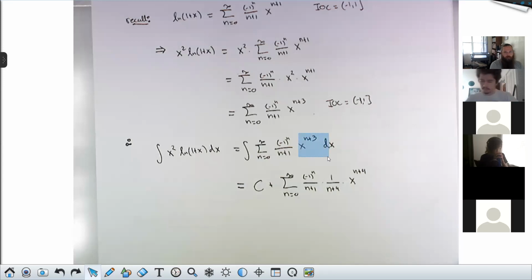Remember, we're just integrating this piece. So you add 1 to the power, n plus 3 becomes n plus 4, and you divide by the power. If it feels more natural to write this as x to the n plus 4 over n plus 4, you can do that. I'm writing it like this because it's just nice to group the n stuff and the x stuff.